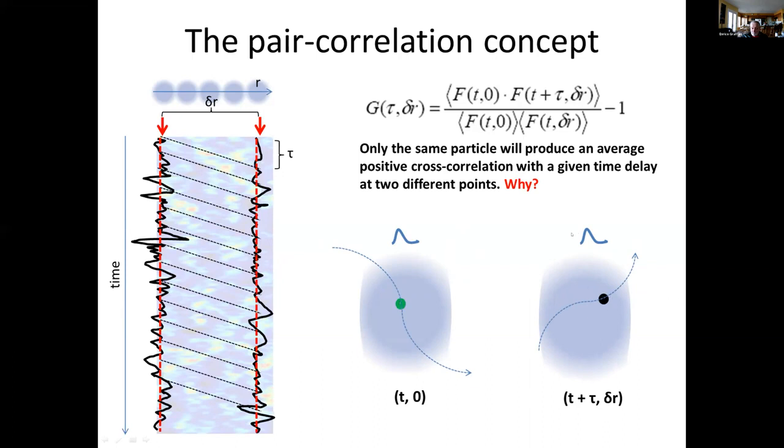So the correlation can be at time 0 or a very long time, because there are 2 different particles. Okay, and I subtract that by subtracting that one event.